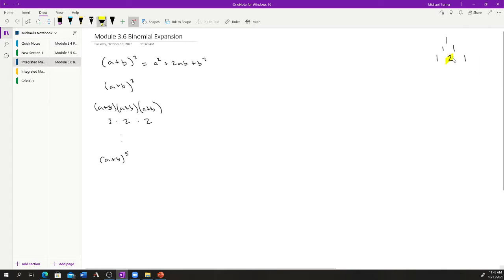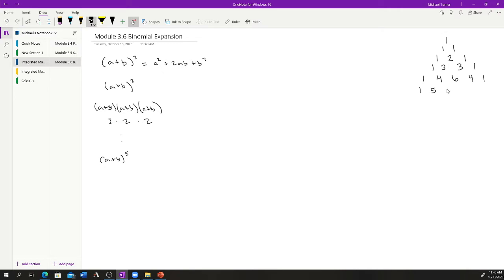So for instance, this 2 I get by adding 1 plus 1. And then we'll continue to fill in the rows. So always 1's on the outside, 1 plus 2, 2 plus 1, and 1. And we can keep going, 1 plus 3, 3 plus 3, 3 plus 1, 1 on the outside, and so on and so forth.